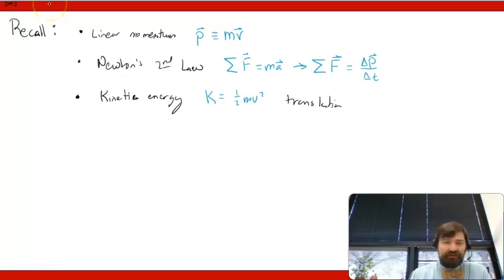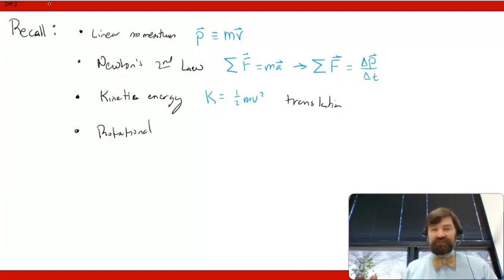Then we have rotational analogs to these. Rotational kinetic energy is equal to 1/2 times I times omega squared.